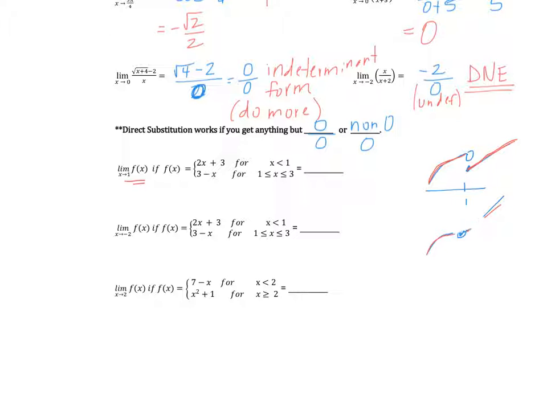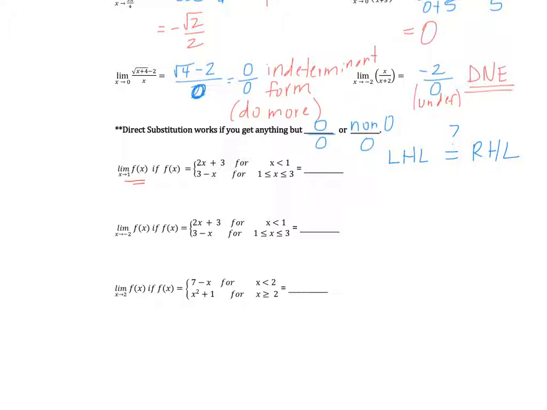On this first example, I'm going to write it out so you can see it, but the second and third, I'm going to do in shorthand notation as I would on a multiple choice. So I want to see if the left-hand limit is equal to the right-hand limit.